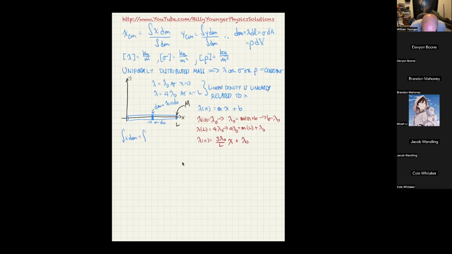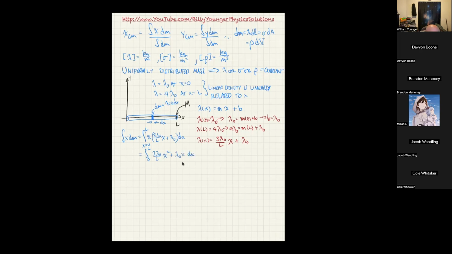So I'm going to take the integral from x equals 0 to L of x times lambda, which is 3 lambda 0 over L times x plus lambda 0. So that's my lambda of x times dx, which gives me the integral from 0 to L of 3 lambda 0 over L x squared plus lambda 0 x dx.